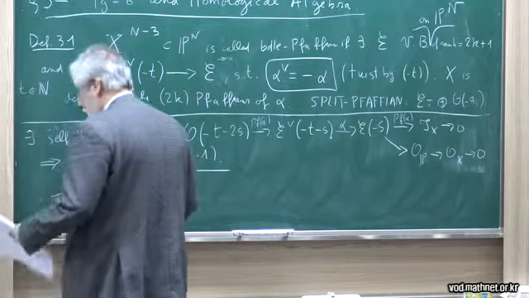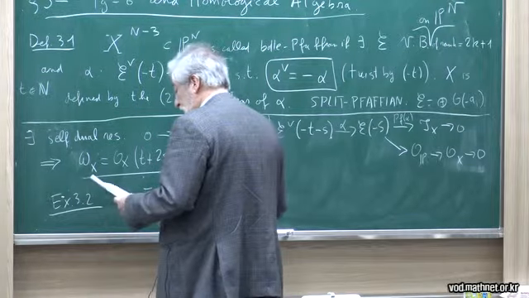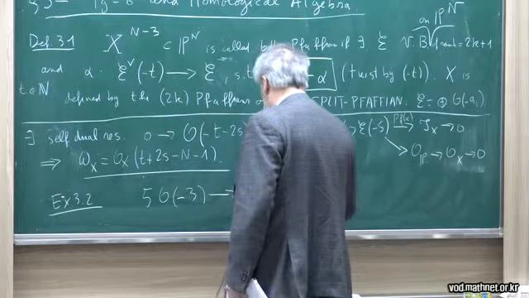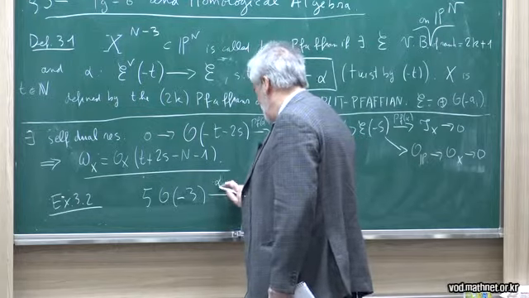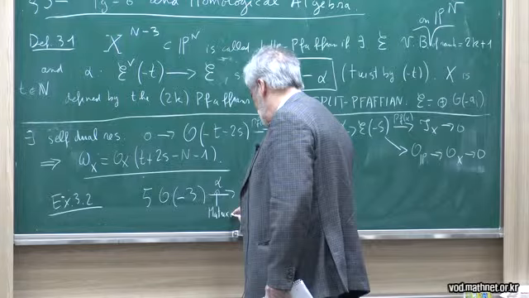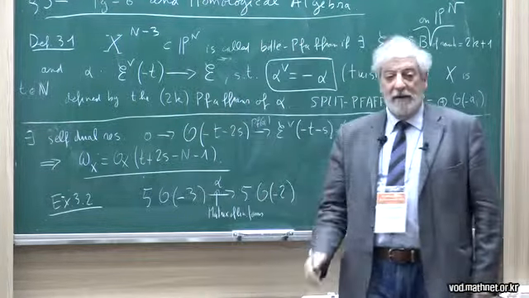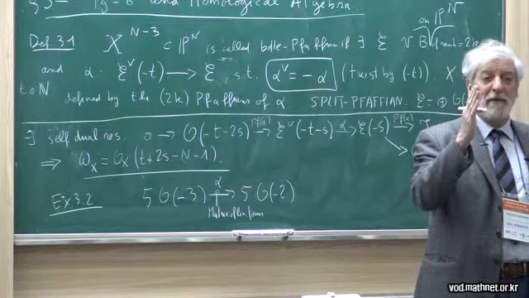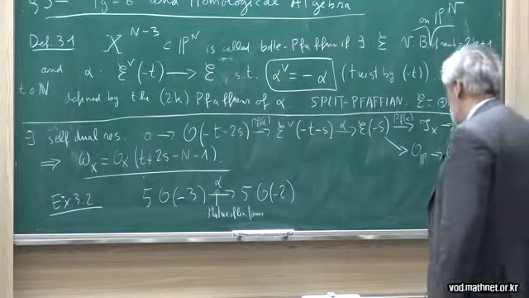3.2 is the case where we get 5 copies of O minus 3, 5 copies of O minus 2. Alpha is a matrix of linear forms. So 5 by 5, we take the fourth Pfaffian. We take now a 4 by 4 principal minor.